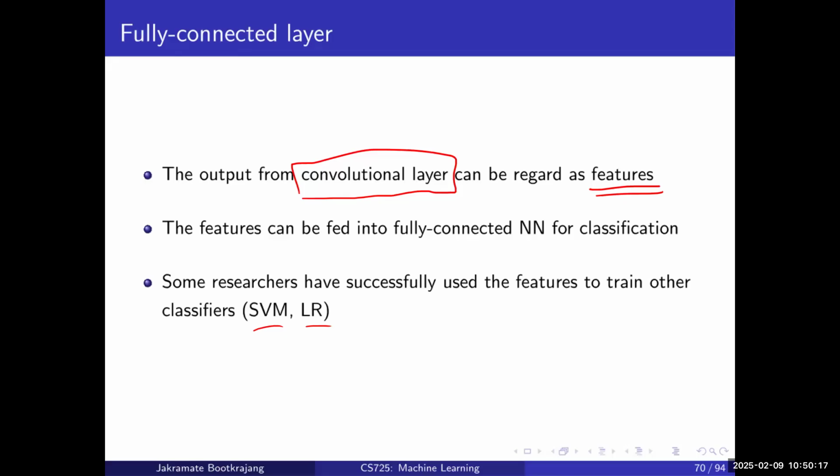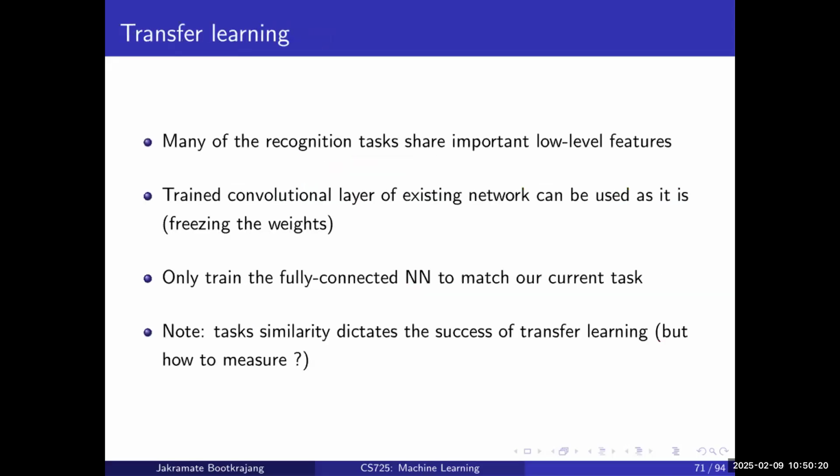There is also transfer learning, and this is one of the techniques that helps train faster. So what happens? When you have images, you make a neural network to classify one thing.